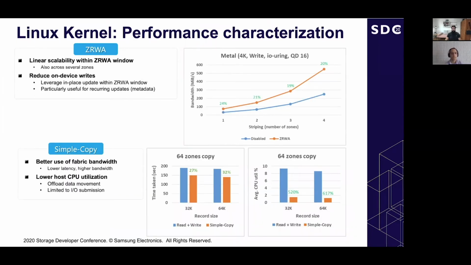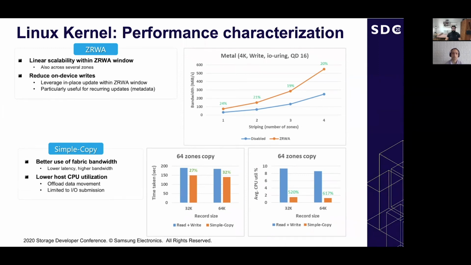So here are some early performance numbers with GRWA and simple copy. The right-hand side plot here shows the trend we see with 4 KB writes at QD16, and the engine used here is io_uring. The blue line shows the bandwidth, which scales as we increase the number of zones.